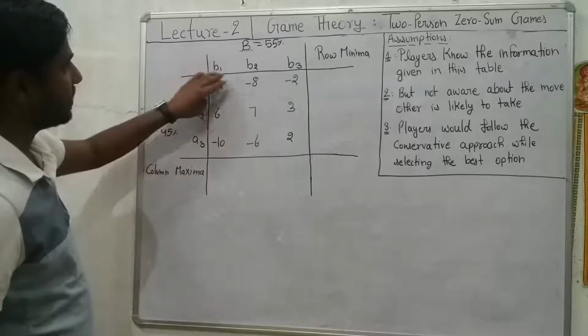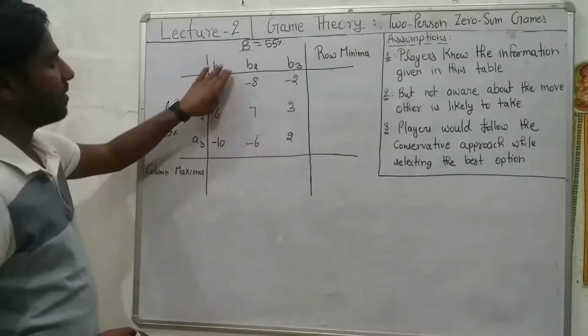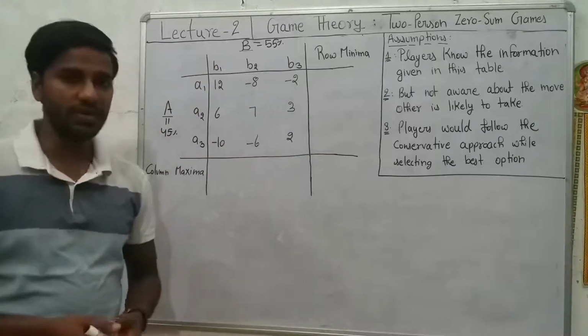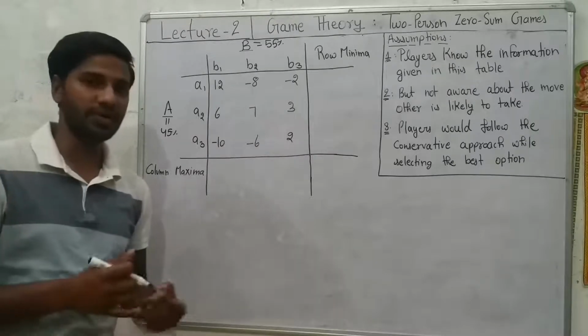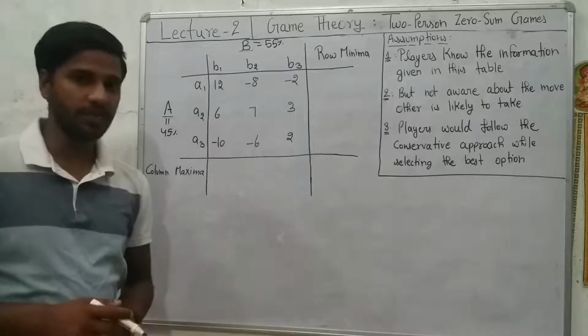Similarly, there are three strategies with company B. B1, B2, B3 can be related to any aspect of marketing or any aspect of efforts taken to gain market share by company B.